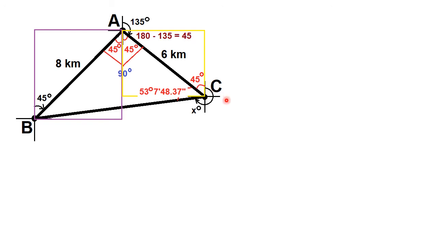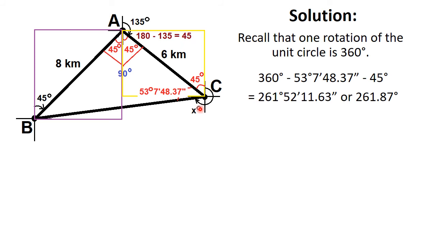Recall that one rotation of the unit circle is 360 degrees. So if we subtract 45 degrees and 53 degrees 7 minutes 48.37 seconds from 360 degrees, then we can find the value of the angle X degrees. We press our scientific calculator with this format: 360 degrees minus 53 degree key, 7 degree key, 48.37 degree key, minus 45, equals, degree key.